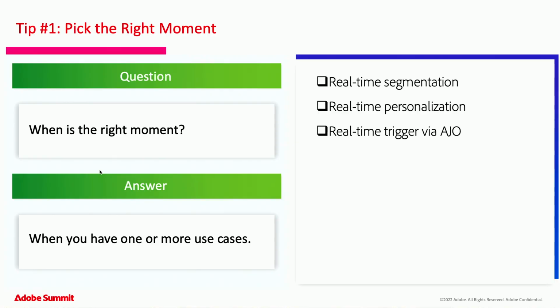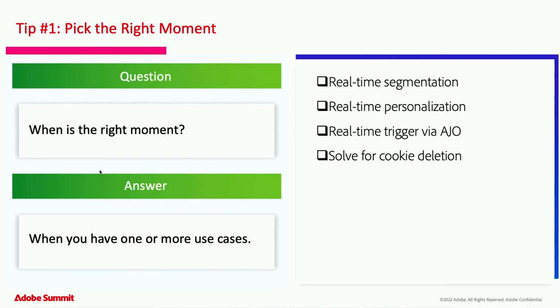Using yesterday's use case, someone saved something to the cart, and T-Mobile wanted to follow up with an email at that moment, and then 72 hours later with a follow-up email saying, here's exactly the thing that you put in your cart, are you still interested, with a link back to the cart. That's something that is allowed through real-time triggers via AJO. Kind of sensing a theme, real time. Yes, real time.